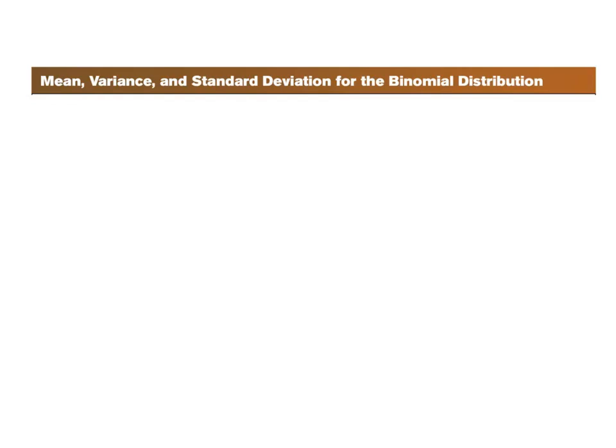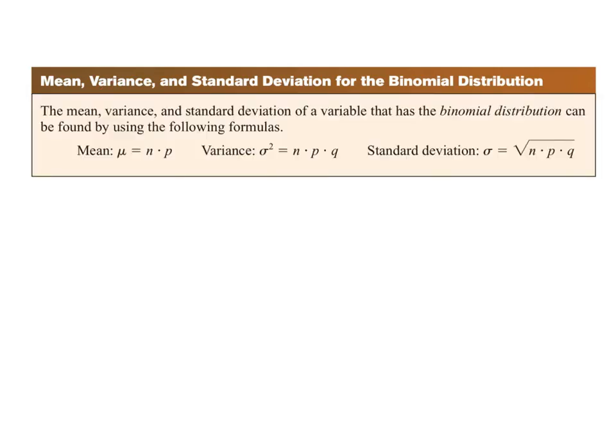I say 2 formulas because the standard deviation is still just the square root of the variance. So you really have to learn these 2 formulas, and then to find the standard deviation, just take the square root of what you got for the variance. So if you want to take a picture of that, or write it all down, you can. Here's all you need to know.